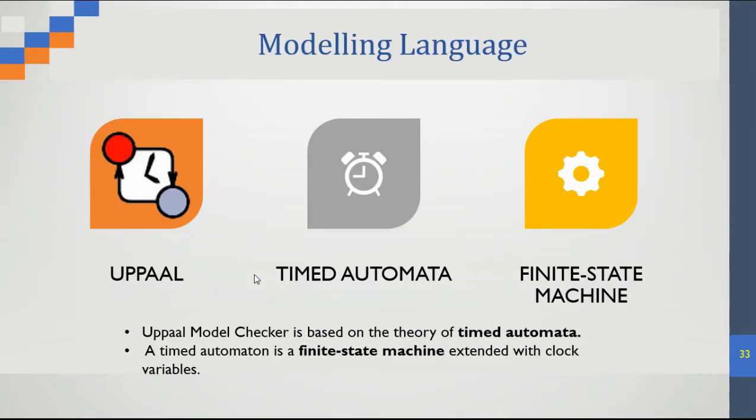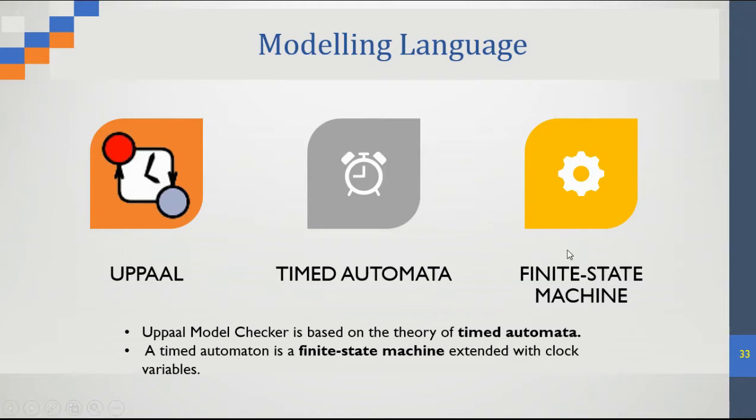So in order to model the system in Uppaal, we should learn what timed automata are, or in short we can just say automata. In order to understand timed automata, we should understand the state machine.